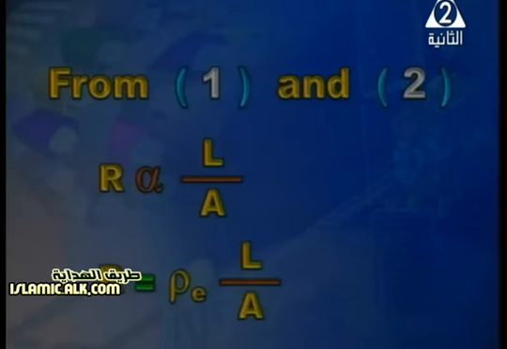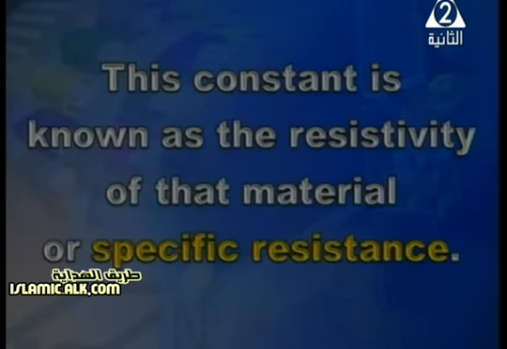It changes, but two factors only affect resistivity: kind of material and temperature. At a given temperature, it changes by changing the kind of material. So, defining resistivity of a material at a given temperature, let me help you to be able to define it.